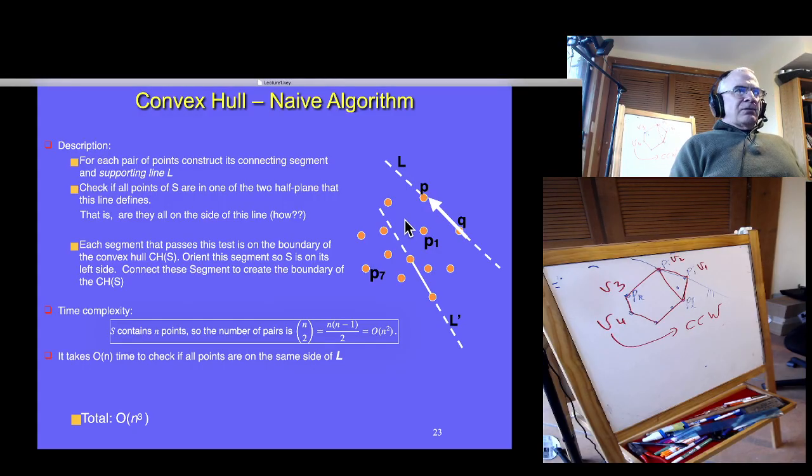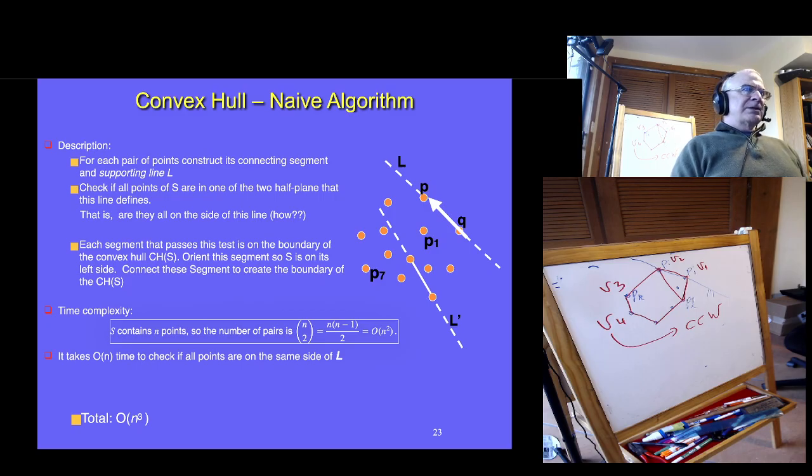And that's already a good example of all the headaches that we are saving ourselves once we are using the general position assumption. That is, if the input is nice and we don't need to worry about 3 points that are collinear, then this algorithm is correct.